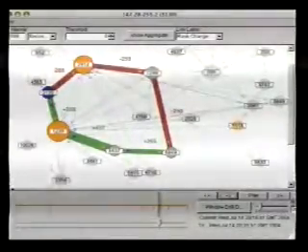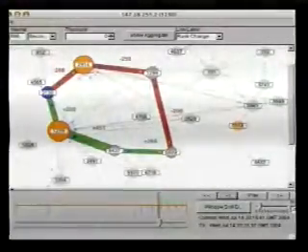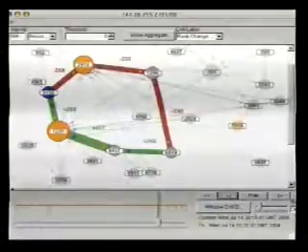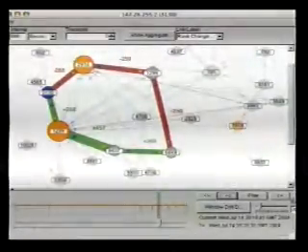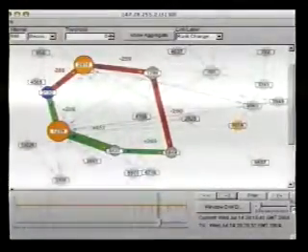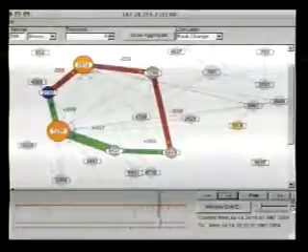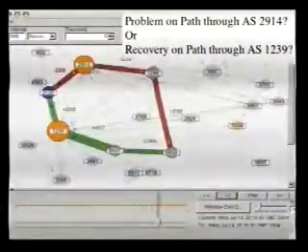You are lucky enough in this case to have 2 observation points on your lost as well as gained path. So you can look at 2914 to see whether 2914 is seeing any changes. If it is seeing any changes, then most likely the problem lies beyond 2914 and so forth. So looking at 2914 in the same interval, we see that it has changes, but it does not have changes towards 1299.